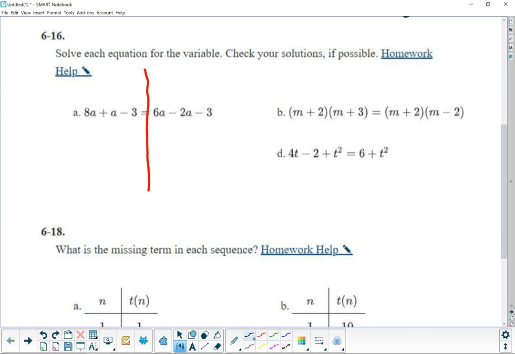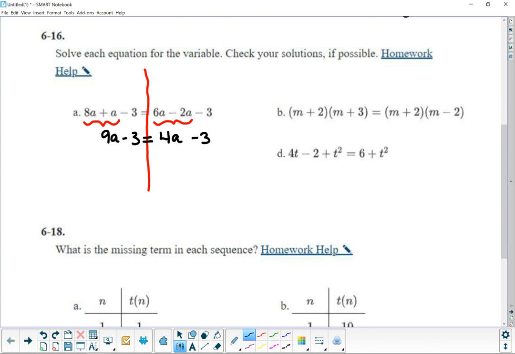Okay, so on the left side, I'm going to combine my 8a and my one more a, and that's going to make 9a minus 3 equals. And then on my right-hand side, I'm going to combine these two, 6a minus 2a, and that's going to give me 4a minus 3.